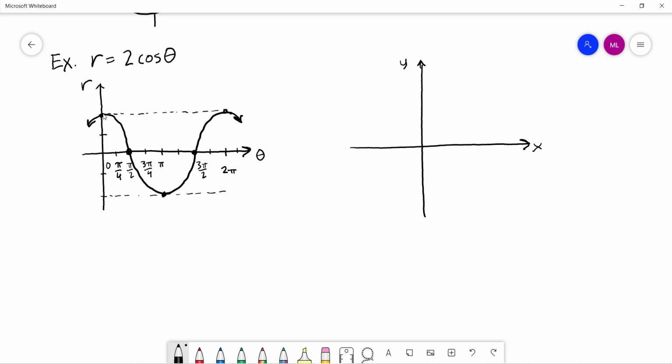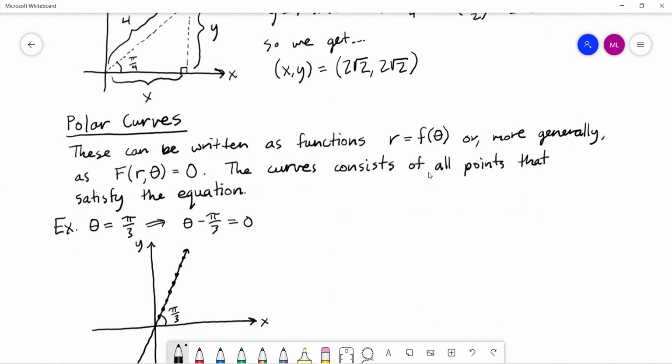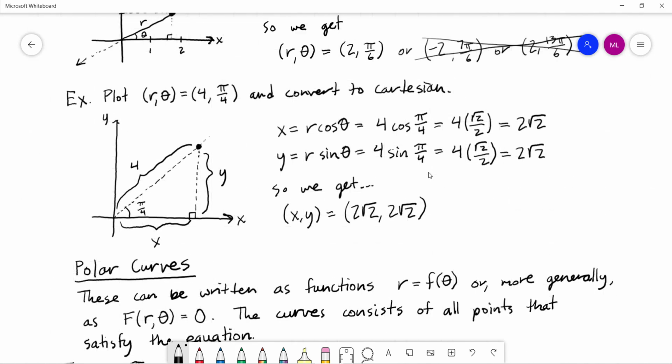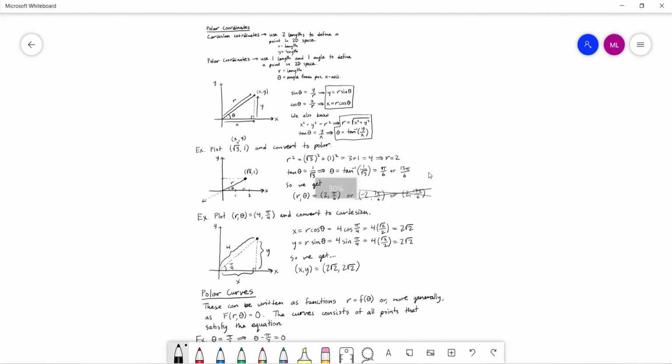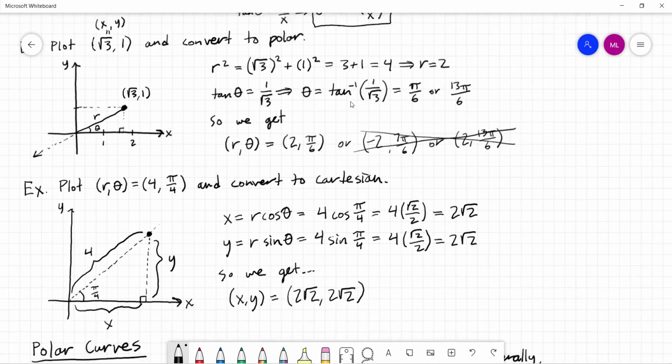Well, essentially what we're doing is trying to track down what the value is in any given direction. So when theta equals 0, the radius is 2. But over here, what direction is theta equals 0? Well, we already said that theta is the angle measured from the positive x-axis.